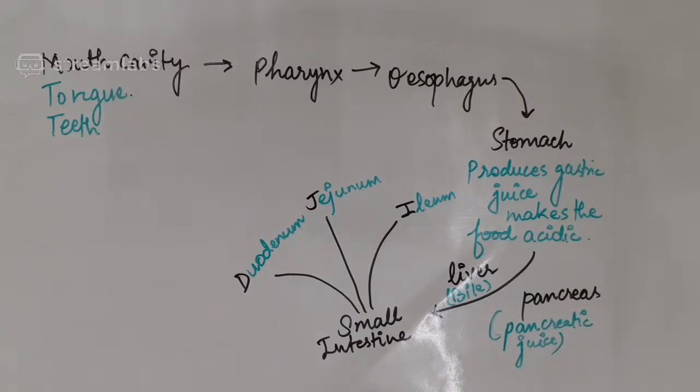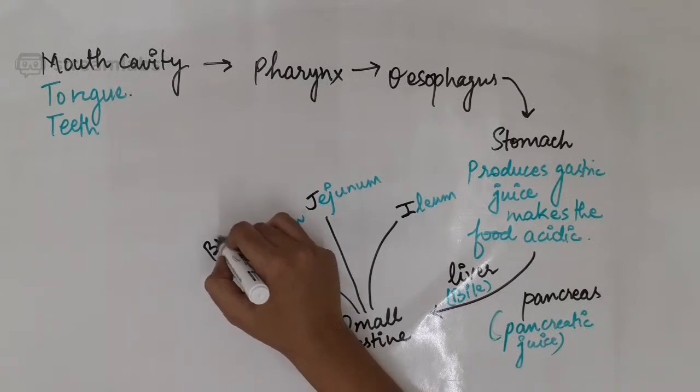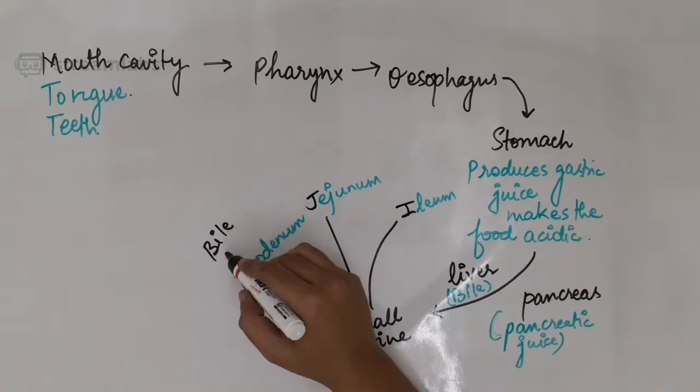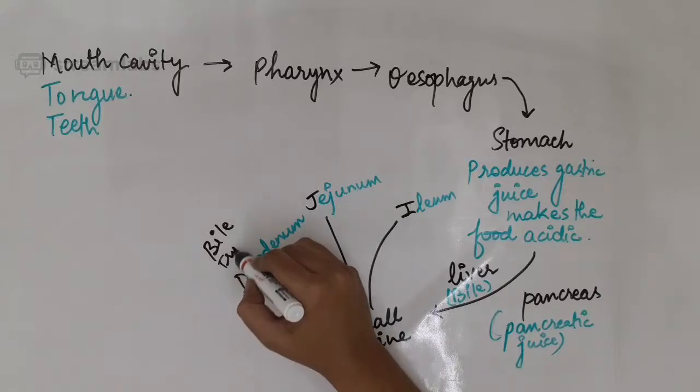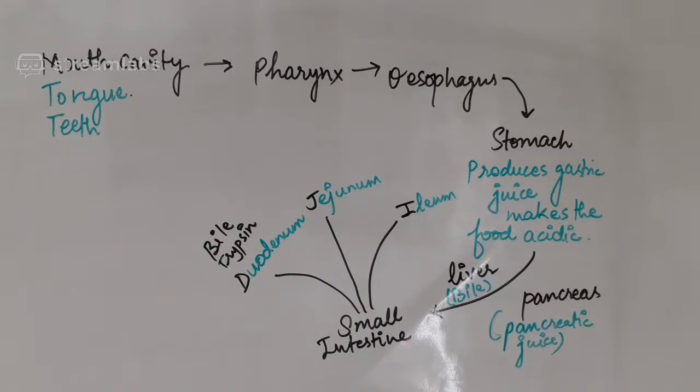Duodenum is the first part of the small intestine, where the food mixes with bile, and the bile juice helps in the emulsification of fats and oils. And in this part of the small intestine, trypsin is the enzyme which is produced in the part called duodenum.